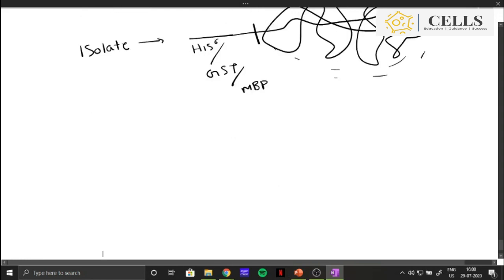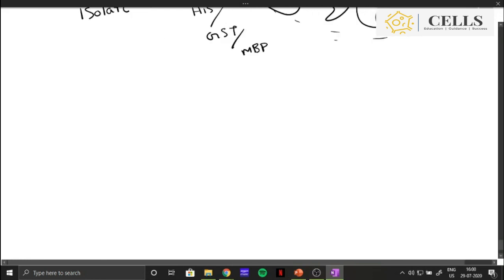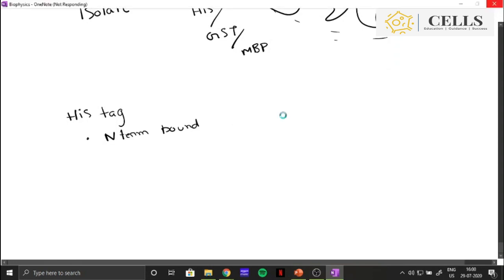Okay. So these are the various tags that are present. Let's focus on the histidine tag, which is the most commonly used tag. The histidine tag can be N-terminal bound, it can be C-terminal bound.